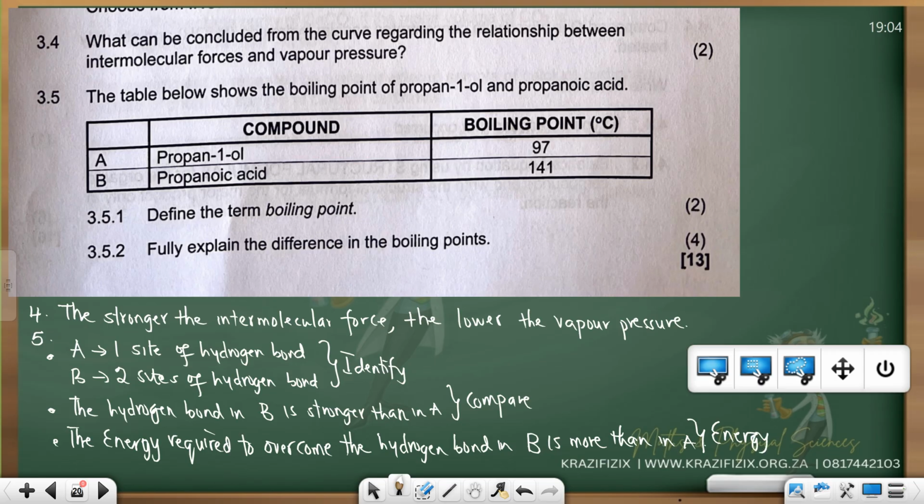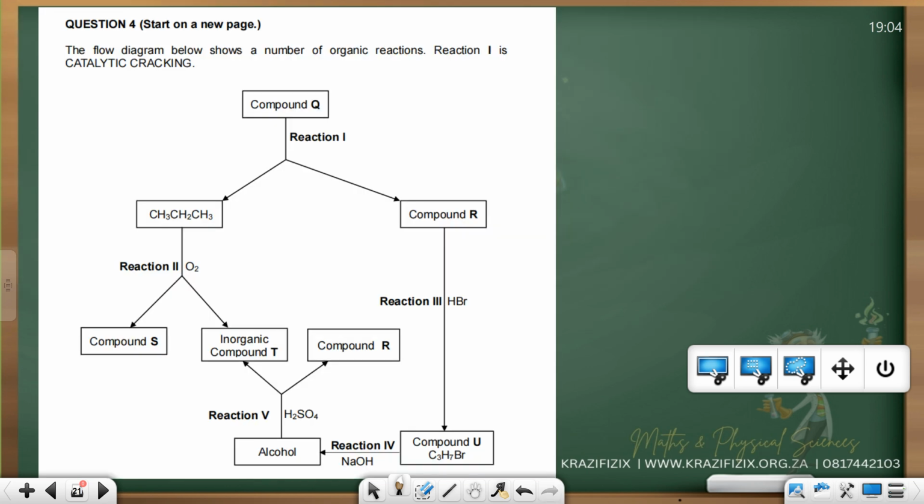Oh no, you're actually done because they'll give you 2 marks here. Why 2 marks? They gave 4 marks. Already they told us that the boiling point of B is higher than the boiling point of A. So please, very, very important: identify, compare, talk about the energy. All right, sweet. Let's go on this one.